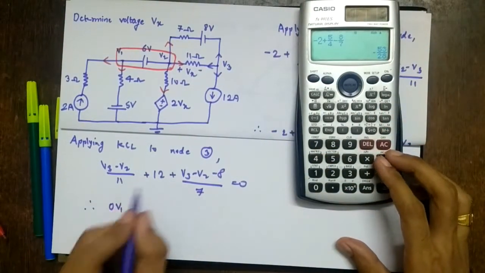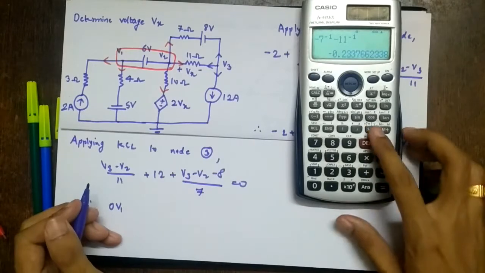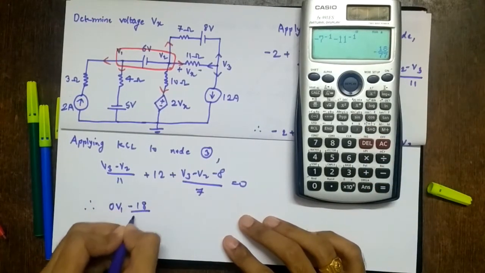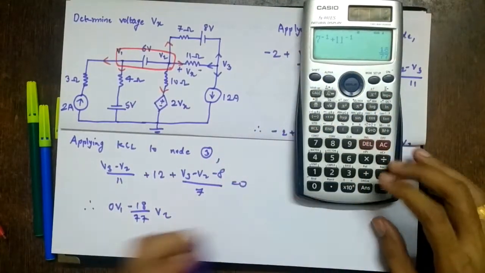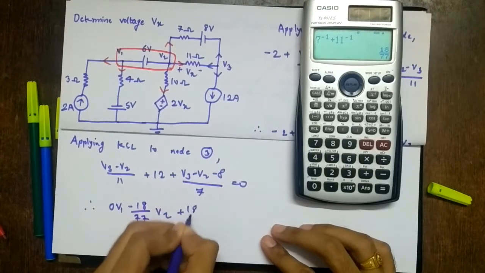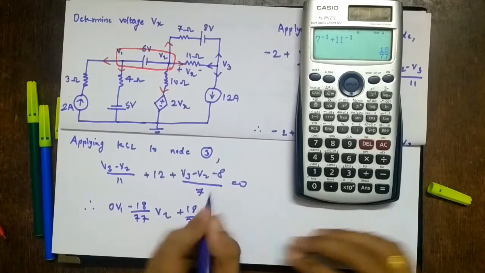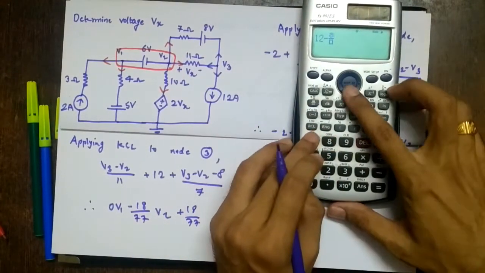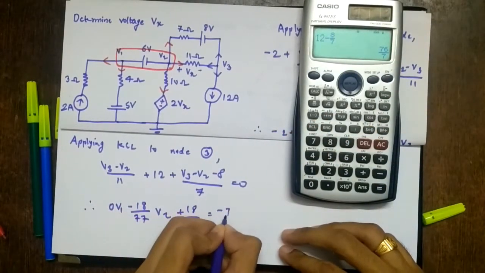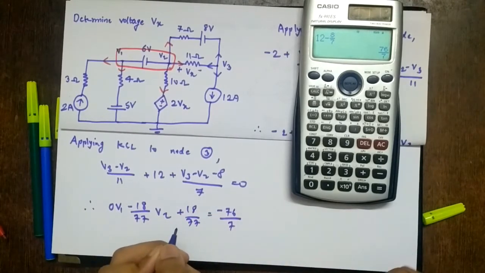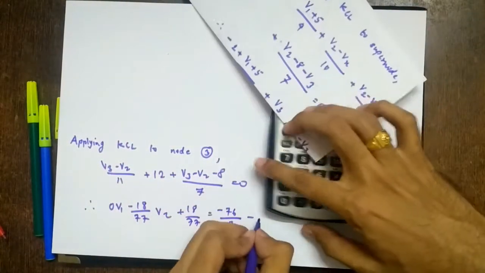There is no V1 term. Then minus 7 inverse minus 11 inverse, so minus 18 by 77 V2. Then V3 is 7 inverse plus 11 inverse, that's it, plus 18 by 77. Then plus 12 minus 8 by 7, so 76 by 7 on the left-hand side. When it comes to the right side, it will be minus 76 by 7. So this is equation number 4.